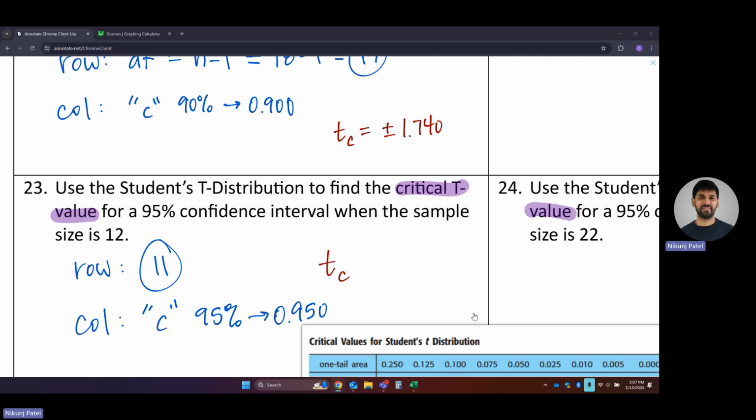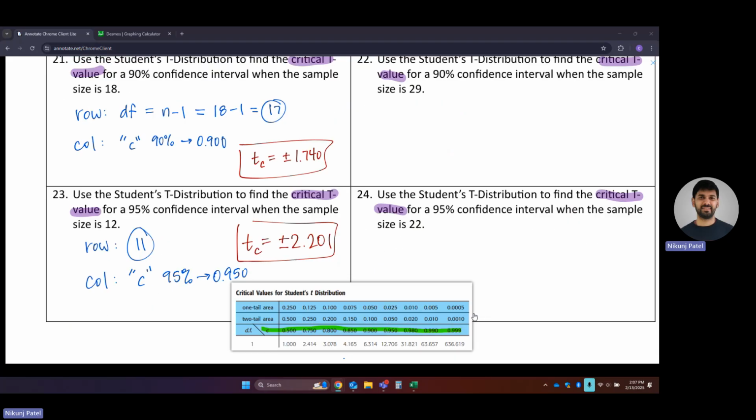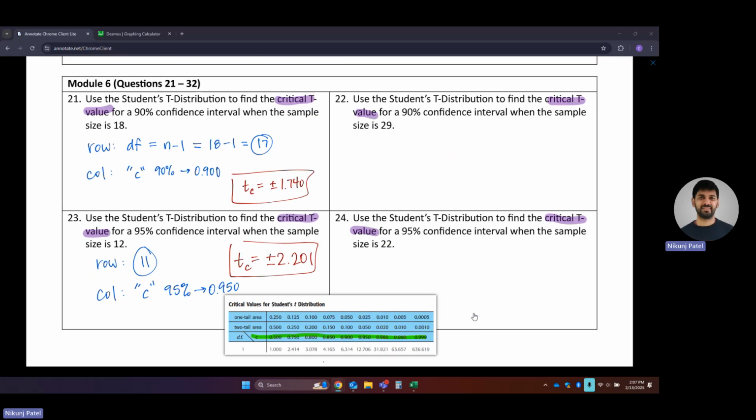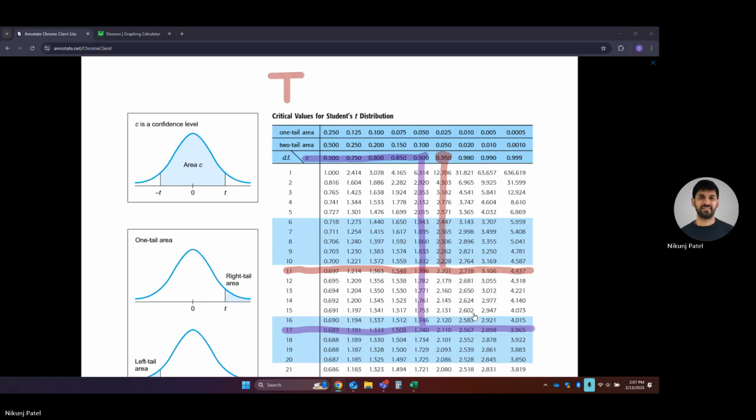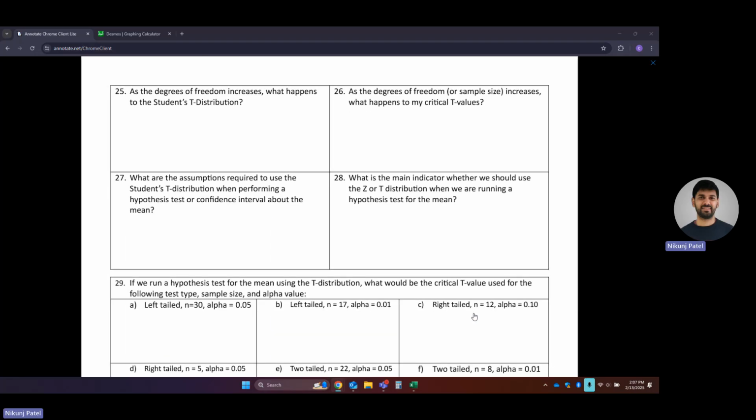The T critical here, plus or minus 2.201. Those would be your answers here. So this type of question on the final exam will give you pretty much this type of phrasing, and then the answer choices will be different T critical values. You'll need to find the correct one. So practice 22 and 24 on your own, and you can compare with the key. Let's keep going ahead.